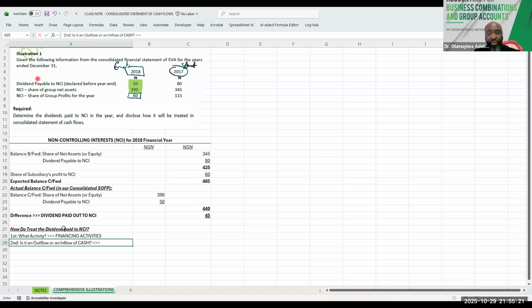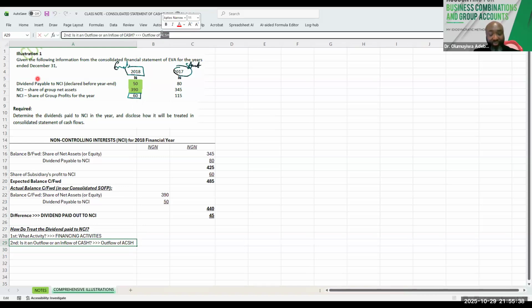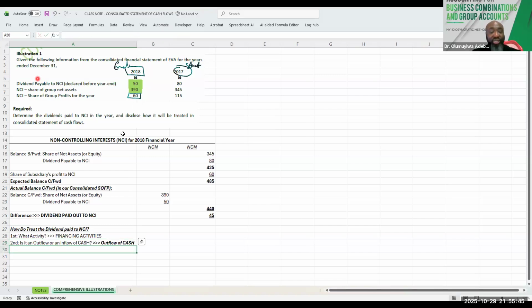A dividend paid by the group to anyone is an outflow of cash. Therefore, it means it's going to have negative impacts on our cash position. And as such, we are going to treat it in that manner.